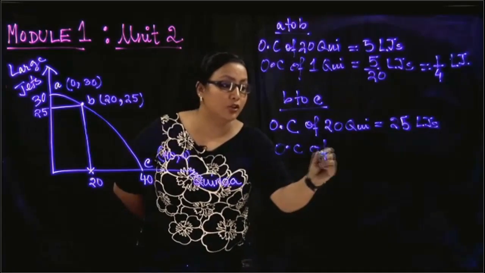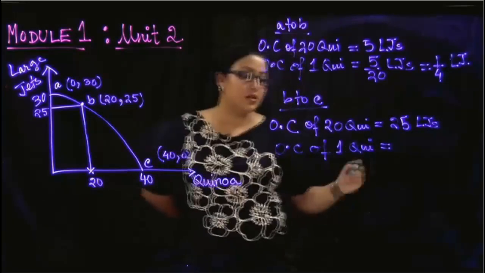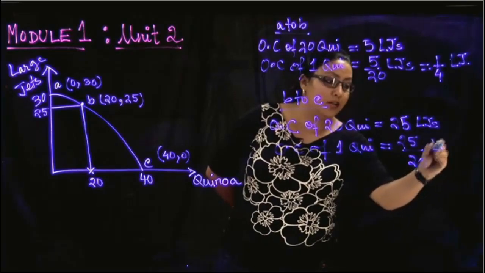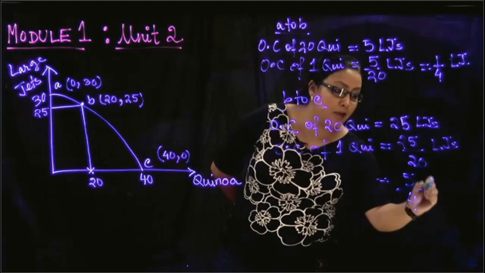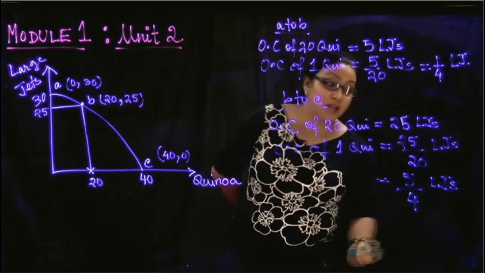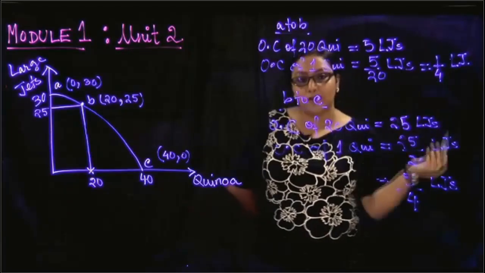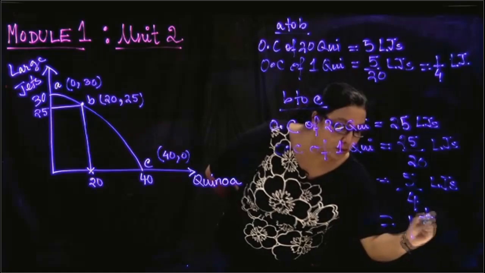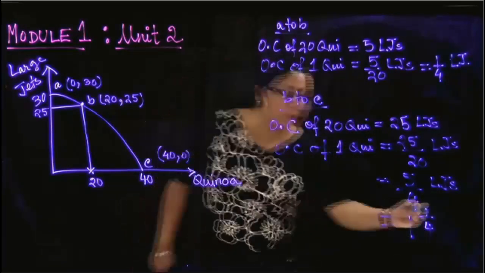So the opportunity cost of 1 quinoa is 25 divided by 20 largettes. So that would be 5 by 4 largettes, and you can definitely see that 5 by 4 is bigger than 1 by 4, right? We all know that 5 by 4 is basically one whole number and a quarter, so it is a bigger number.